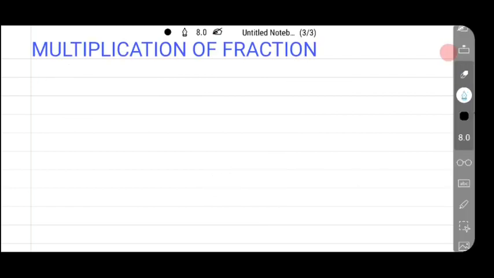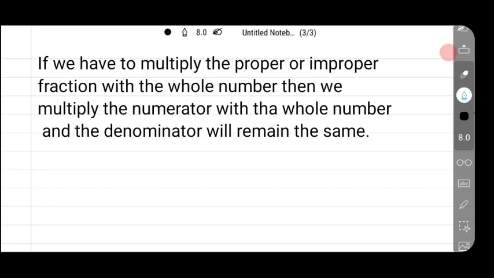Now we will learn about multiplication of fraction. The first one is multiplication of fraction by a whole number. That means if we have to multiply the proper or improper fraction with the whole number, then we simply multiply the numerators with that whole number and the denominator will remain the same.